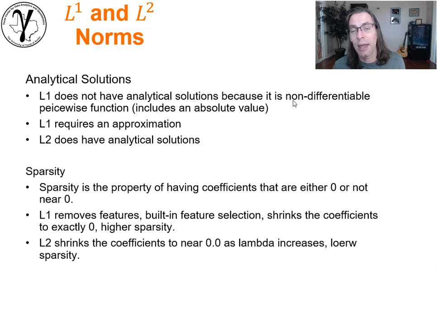As we increase the lambda, it's going to shrink feature weights, or I should say the slope parameters, right to 0. They'll go right to 0 and then they zero out, and that feature has no impact on the model. That's where we get into model feature selection while building the model. And L2 will shrink the coefficients near 0 as lambda increases, but you will still have lower sparsity. Excuse the spelling mistake there.